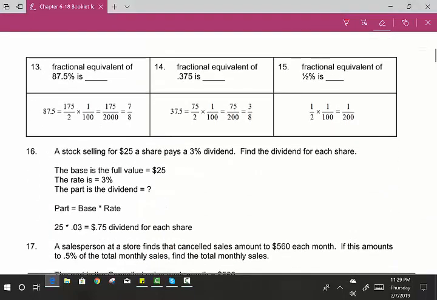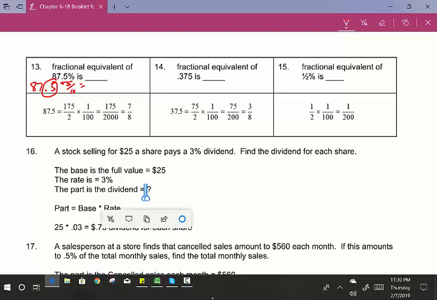Number 13. Here's another conversion. The fractional equivalent of 87.5% is, first of all, 87.5. This 0.5 is in the tenths location, so that's the same as 5 over 10.